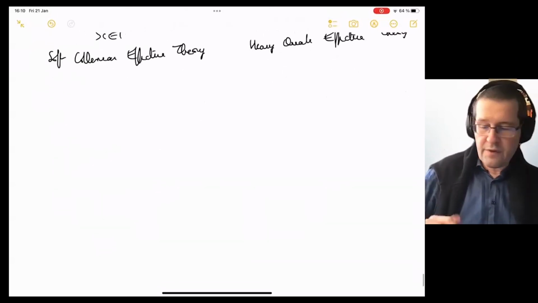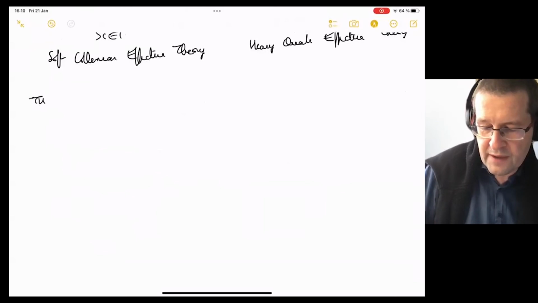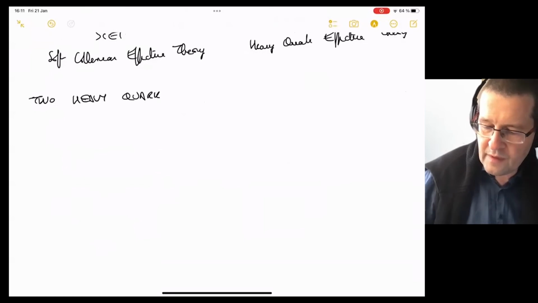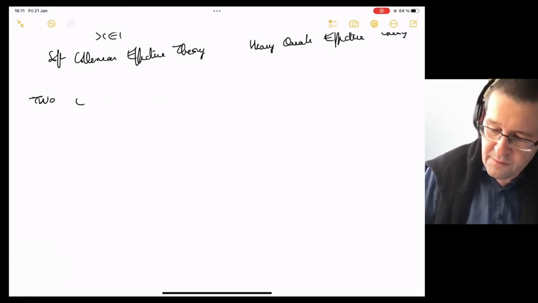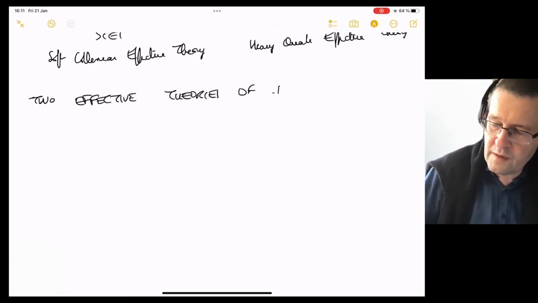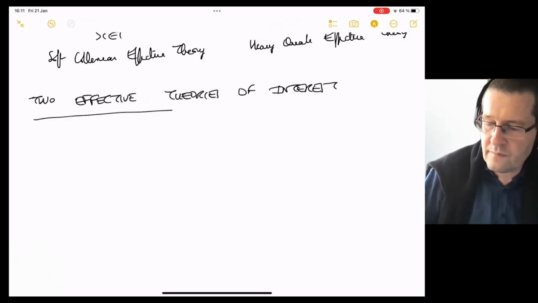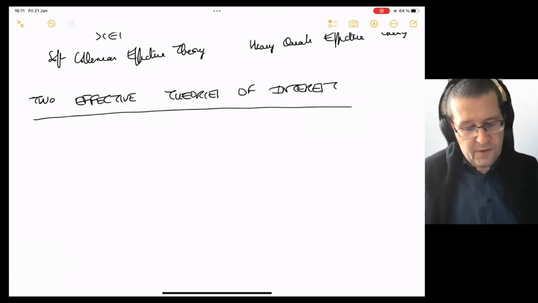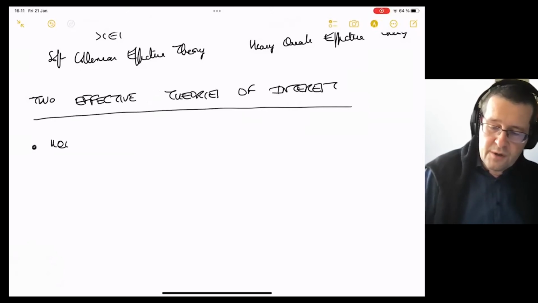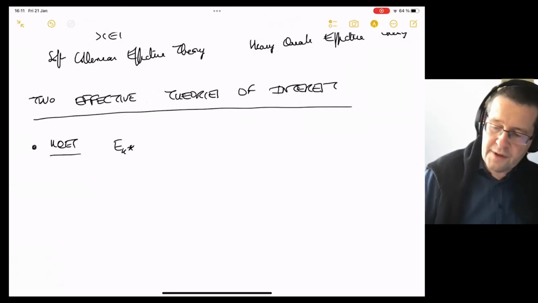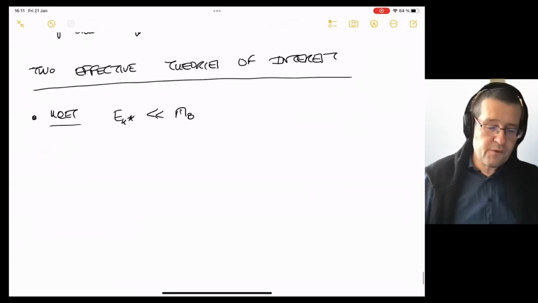And so, just to remind you, those are two effective theories of interest, because my point is that you can have HQET, which is the situation where the K star energy is small compared to the mass of the B. So you express everything in terms of soft physics.